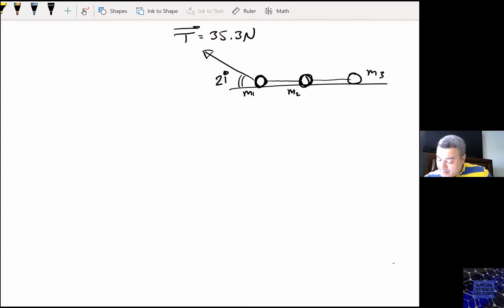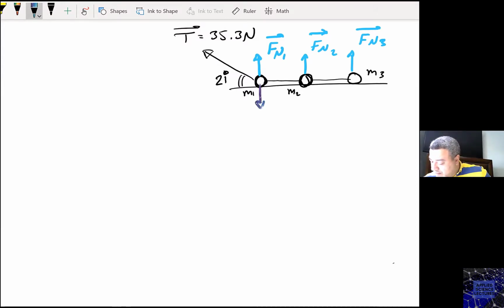So if I continue to draw the diagram for the forces applied on those masses, I have here Fn1, Fn2, Fn3. I also have Fg1, Fg2, Fg3.